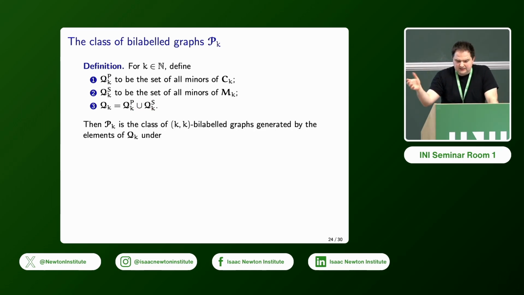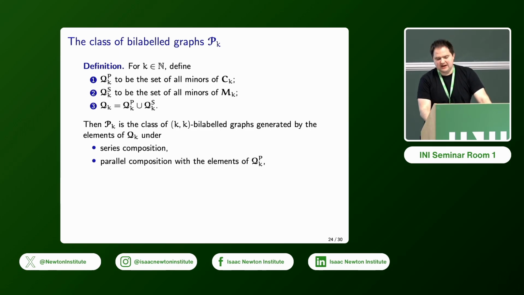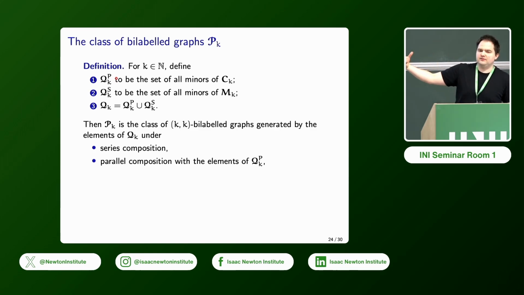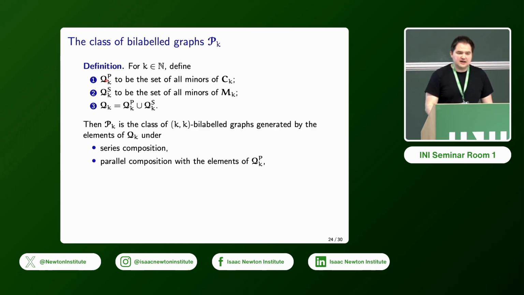There is a reason why we have to define this separately. The class P_k is then the class of all bilabeled graphs generated by these elements of Q_k, which we have as atomic graphs, by series composition. And parallel composition is only allowed with the elements of Q_k^P. That's why we have to split them. The reason is that if we allowed it otherwise, it would violate planarity, so we need to preserve planarity.